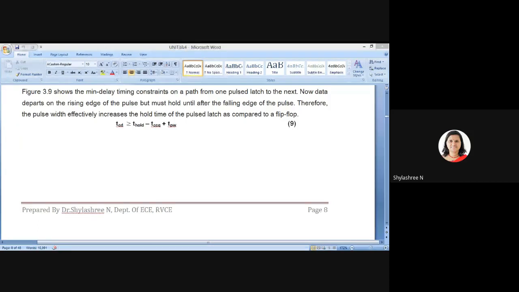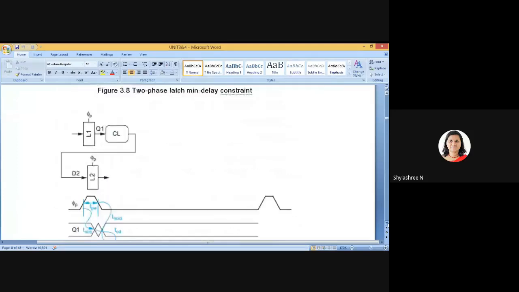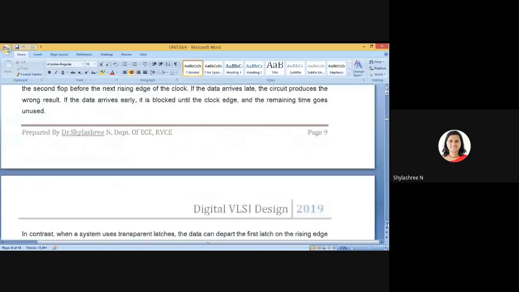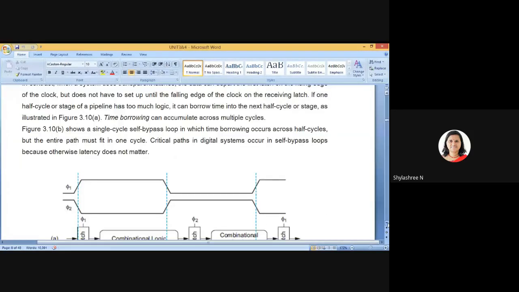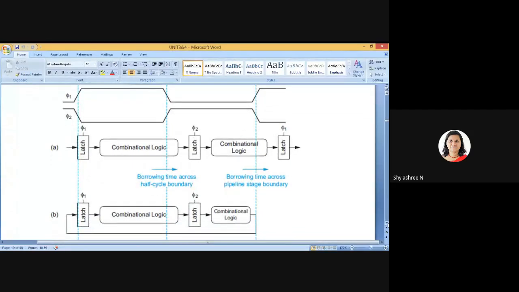No doubt. So now I'm moving on to the concept called time borrowing. Till now I have assumed an ideal clock skew, and there is no time borrowing.